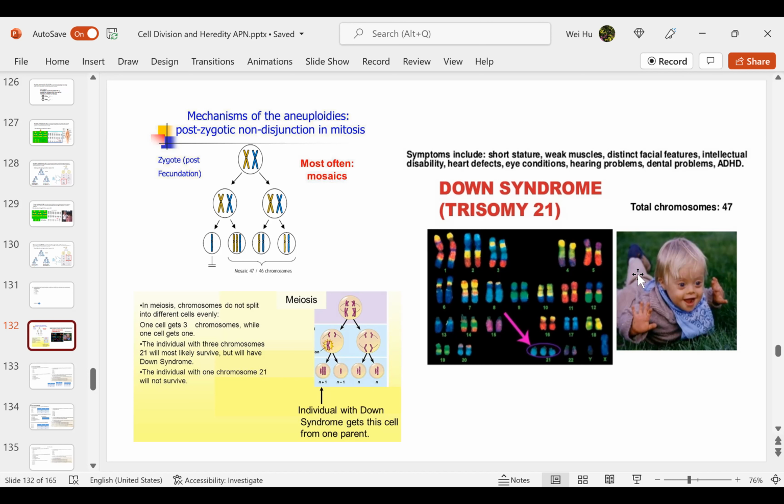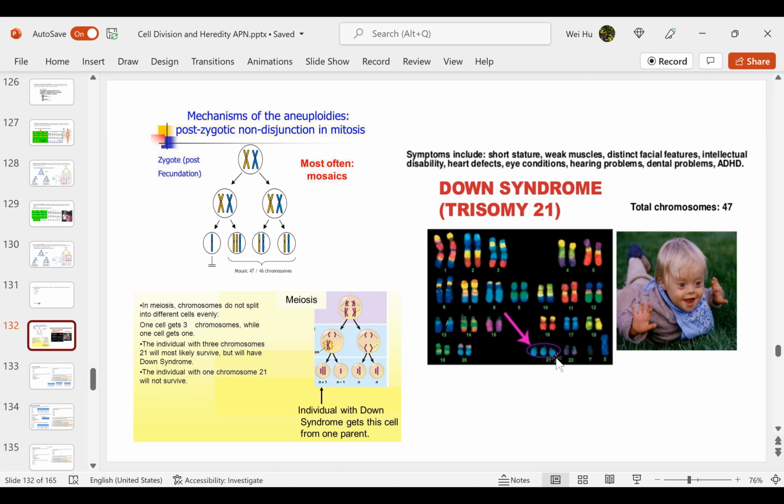This child has multiple symptoms: the brain is not fully developed, and they have eye problems, hearing problems, and immune deficiency, problems across many different departments. The cause is again an abnormal number of chromosomes.